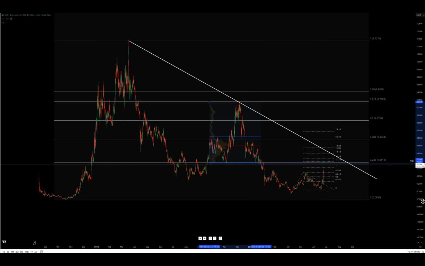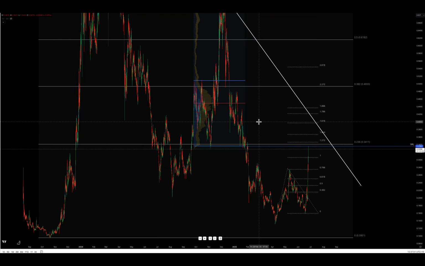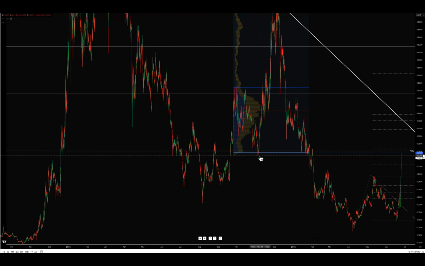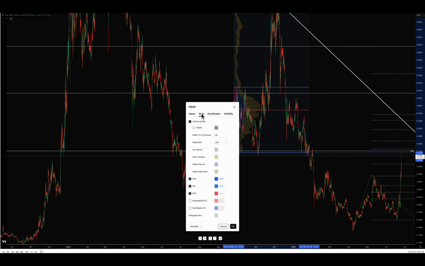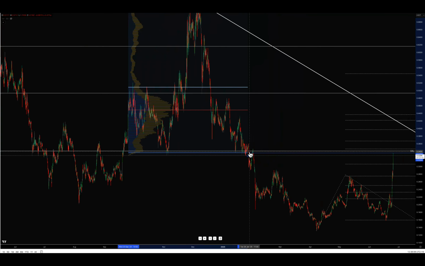And if you look ever so closely, this area here from the tool is the value area low and value area high. I'll slightly change it so the top is a bit different, and you can distinguish value area low and the naked point of control. You can see, to the dollar, we've got this blue line, value area low.